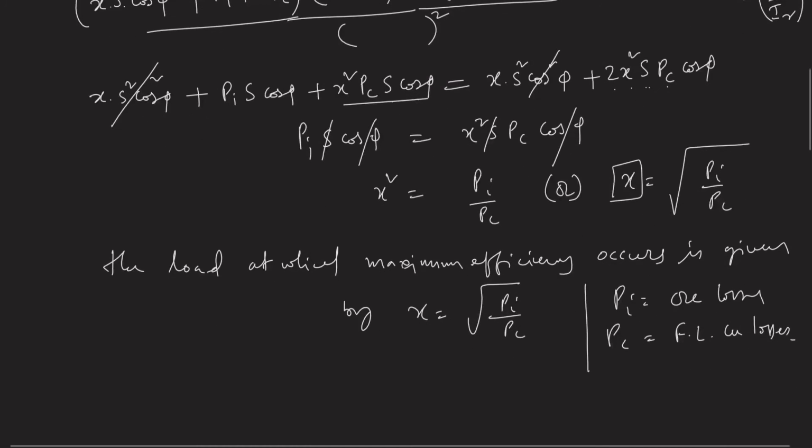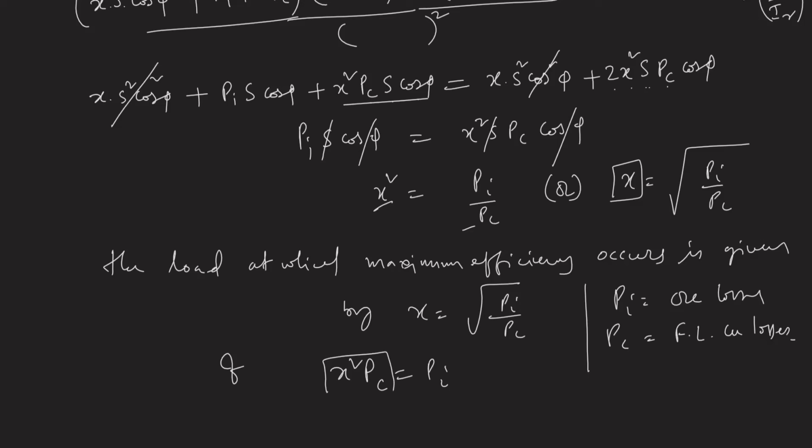Or otherwise I can say that from this, X square Pc equals Pi. So X square Pc is the copper loss at that particular loading condition.